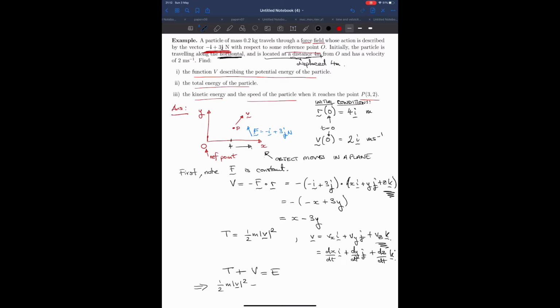Now I'm going to substitute in V equals some constant. Now, I'm going to derive this from scratch. We've just done it there, we just jumped all the steps. But I'm going to go from scratch anyway and just show you how this would have come about.